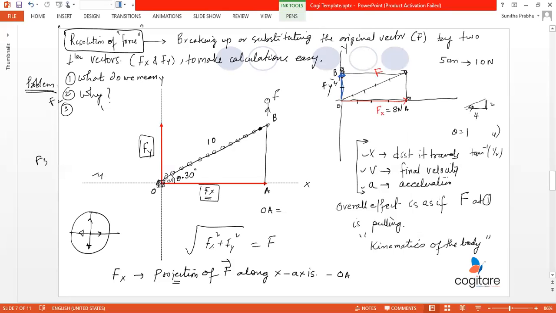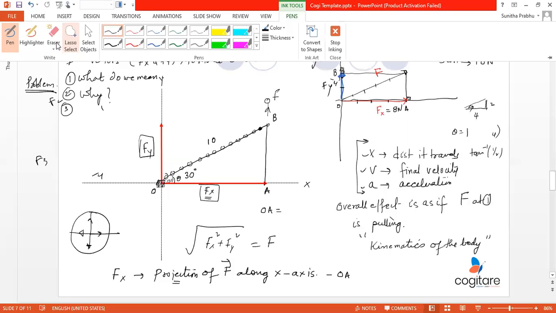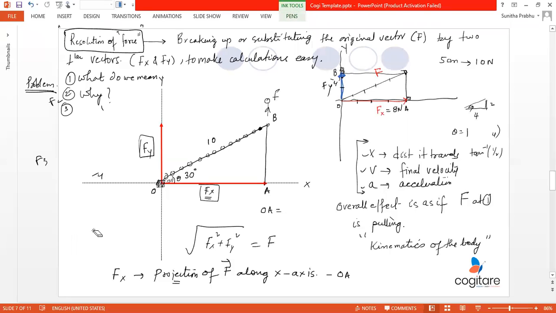Very good. So cos 30 is going to involve the side OA, which represents my force Fx, and the hypotenuse OB, which represents the known force F, 10, isn't it?